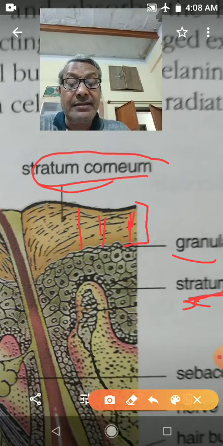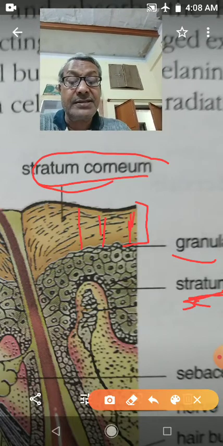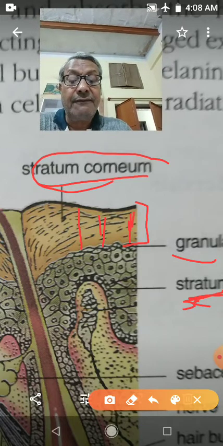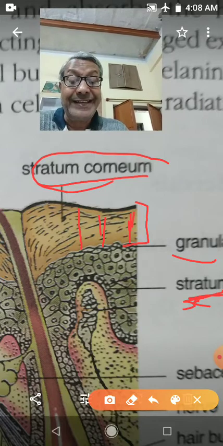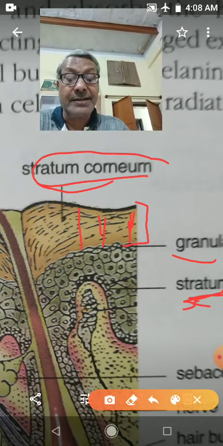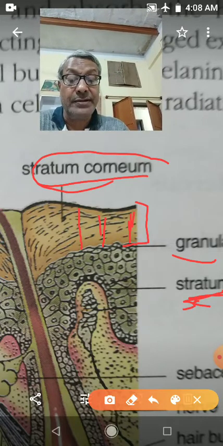This layer of epidermis consists of flattened dead cells. These cells are made of keratin, that is fibrous structural protein.